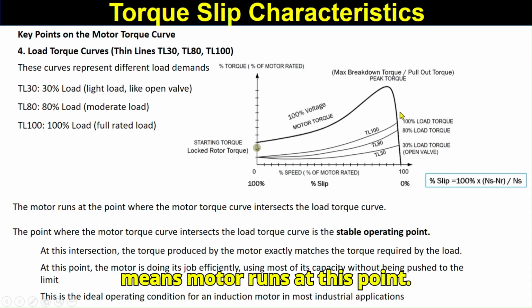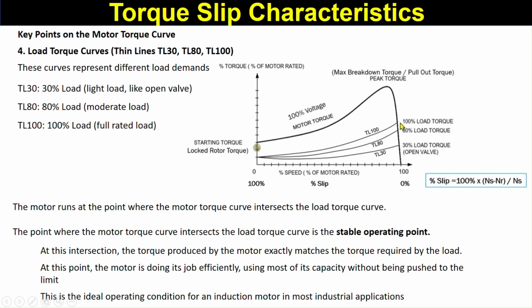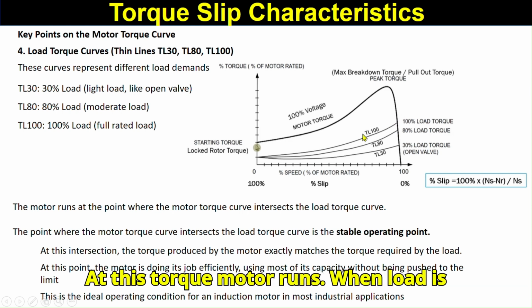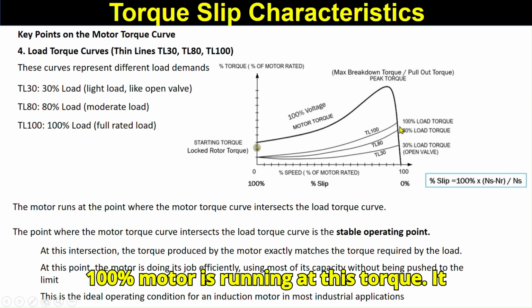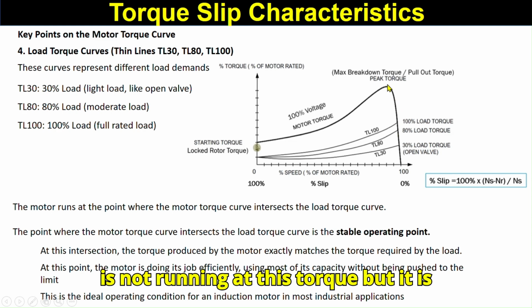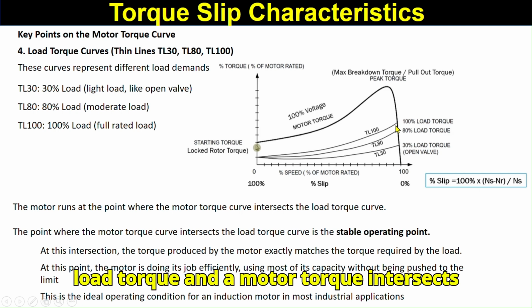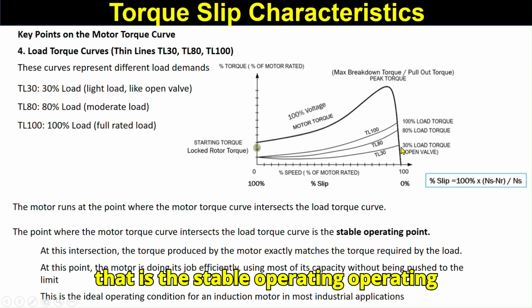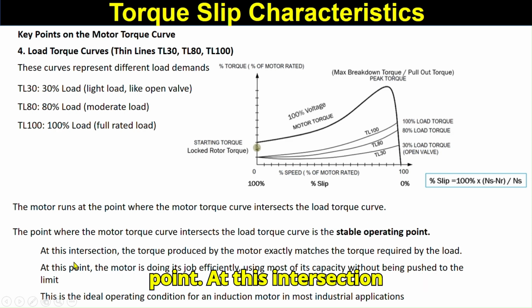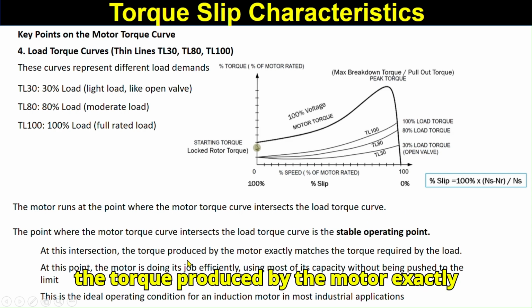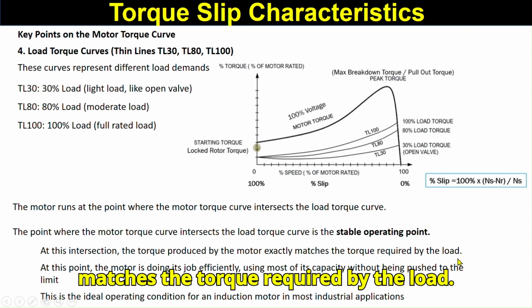That means the motor runs at this point. When load is 100%, the motor is running at this torque. It is not running at the peak torque, but at the point where the load torque and the motor torque intersect. That is the stable operating point. At this intersection, the torque produced by the motor exactly matches the torque required by the load.